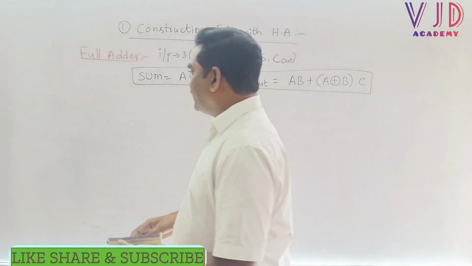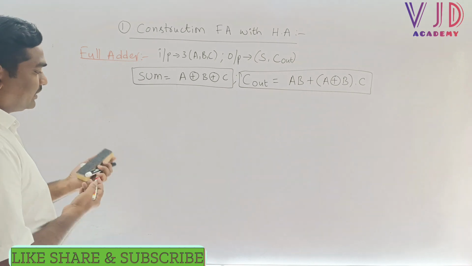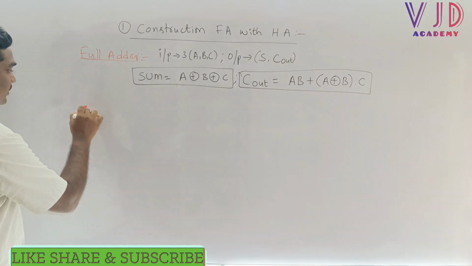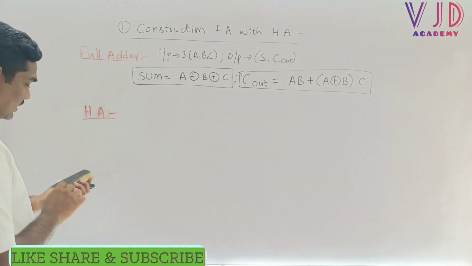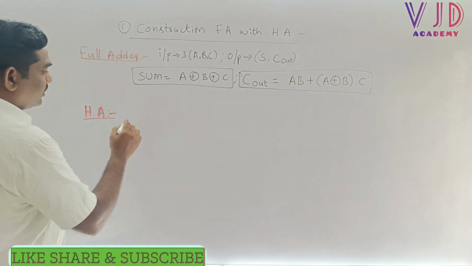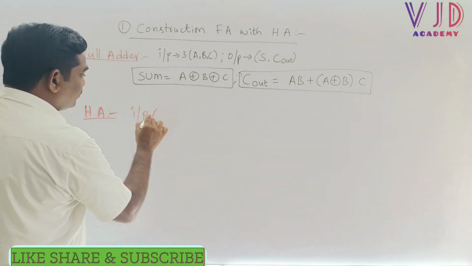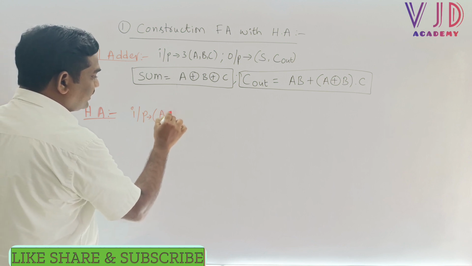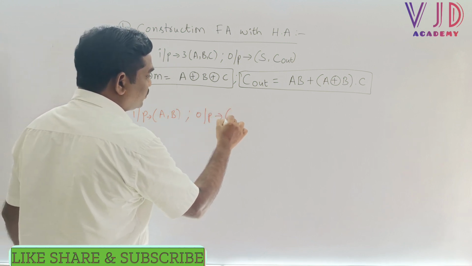Sir, we know the half adder class also we have seen. Let me draw the half adder here. We know how to draw a half adder. The half adder has 2 inputs, which are A, B, and then the outputs of the half adder are 2 outputs.